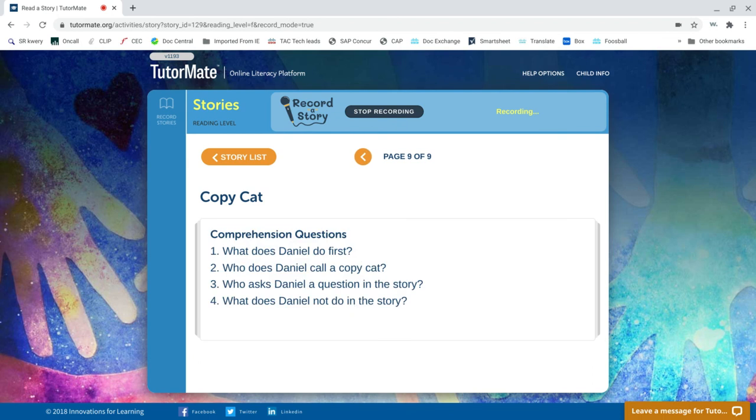So something Daniel doesn't do in the story could be he jumps up in the air or he does somersaults. Anyway, tell me if you have any other ideas.